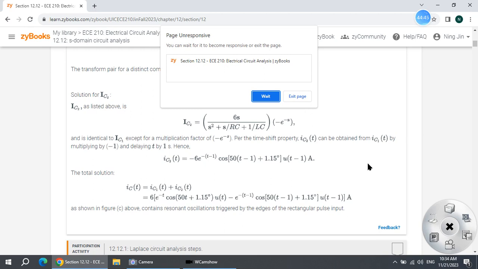It's weird, I don't know, something's wrong. Anyway, the final answer will be the same. By this way, we can have e to the negative t times the square root of 6 squared plus 0.12 squared. This is close to just 6. And e to the negative t, then cosine.